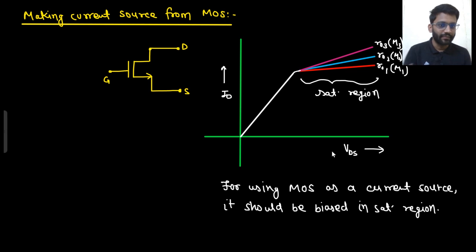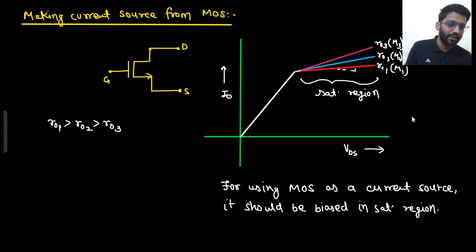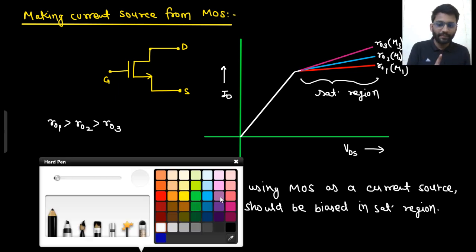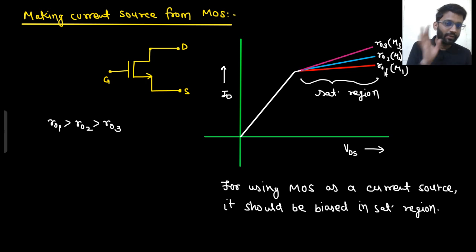M1. Why so? Because it has the highest output impedance. R01 is greater than R02 is greater than R03. R01 is nearly infinity because this slope is 0. If del ID by del VDS is 0, what is R out? 1 upon del ID by del VDS, so that would be nearly infinity. So in M1, R out is highest.